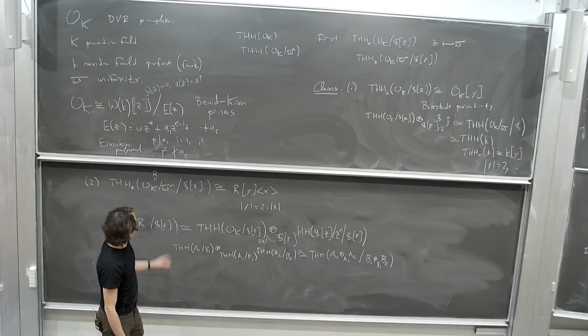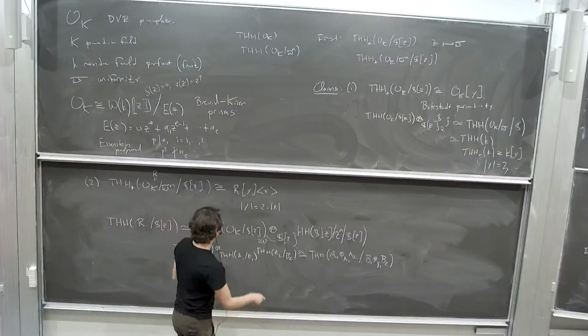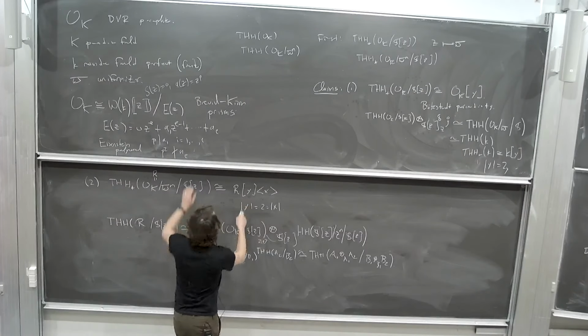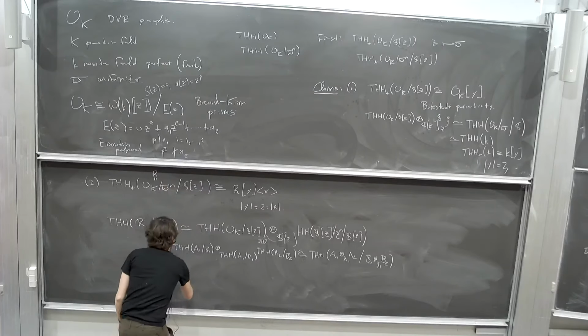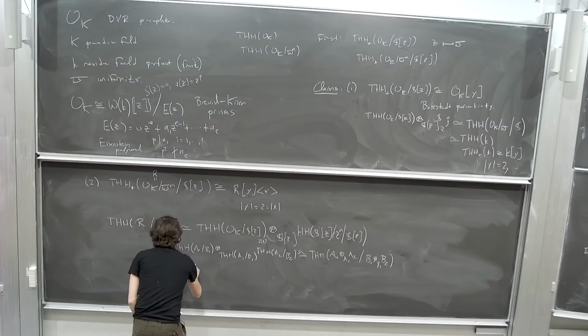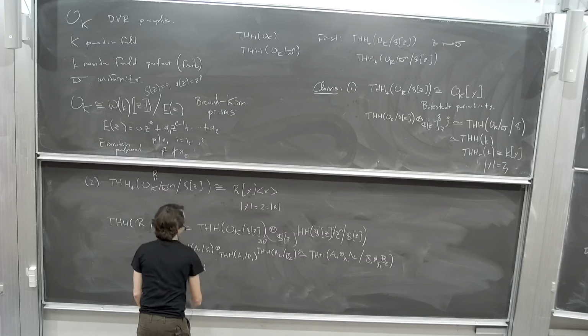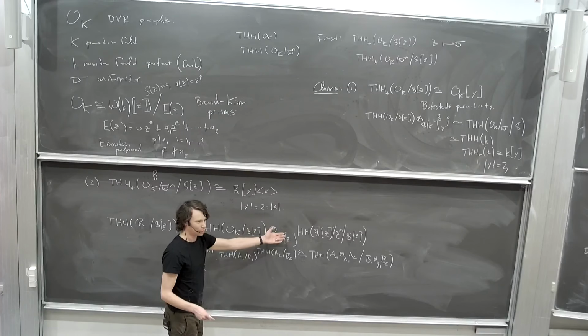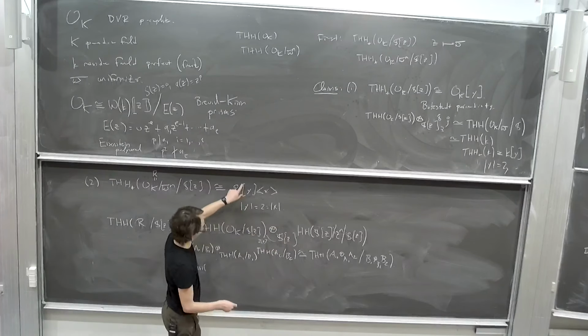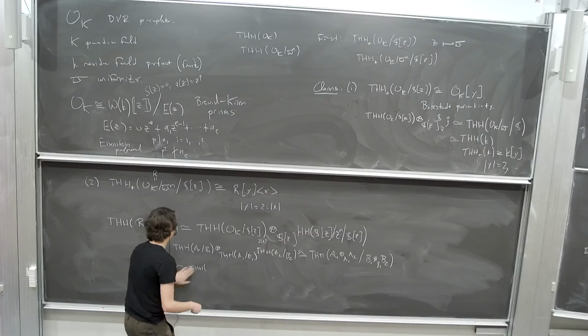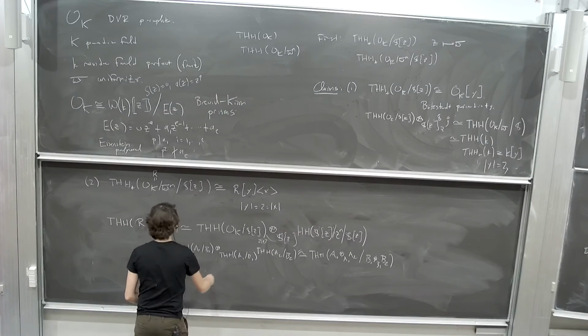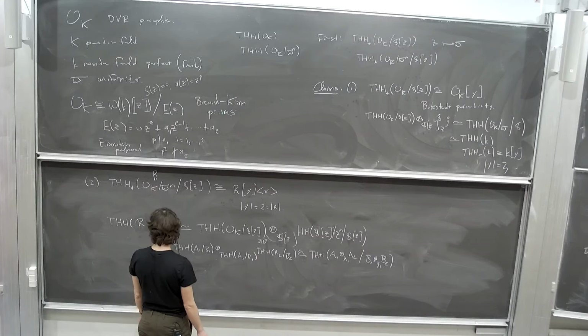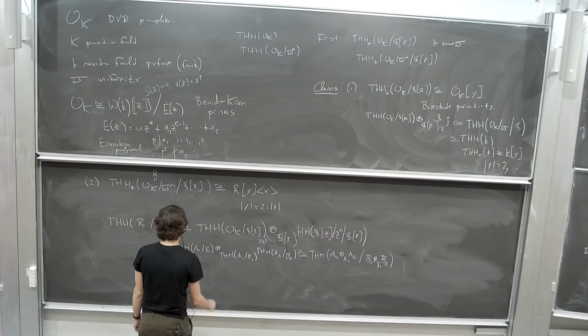And maybe it's worth actually writing that out so that we see this. So this is then equivalent to THH, with the Z's back in, from which you read off this. You get a tensor product. Okay, maybe I just write it out.